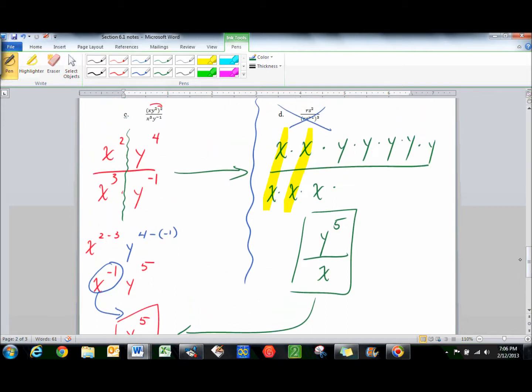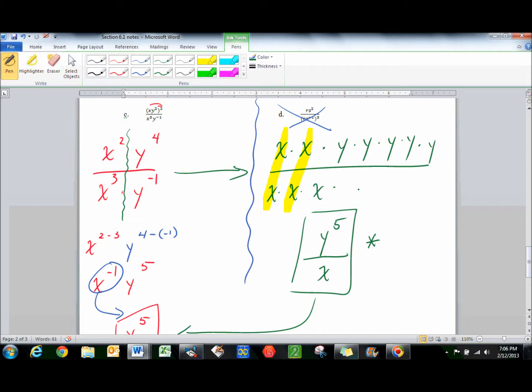Now, let me make a note about this. That may look like a real simple, easy way to work these problems and something you might want to try to do. But I'm going to tell you that as we get deeper into this unit, if you try to work it out the second method that I just showed you, you will not be able to fit it all on one page, because the problems just get too long and cumbersome, and you have variables and exponents going everywhere.